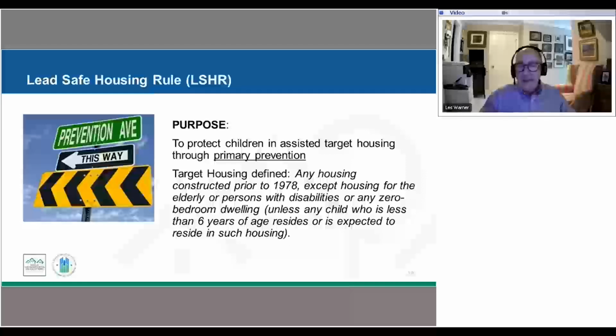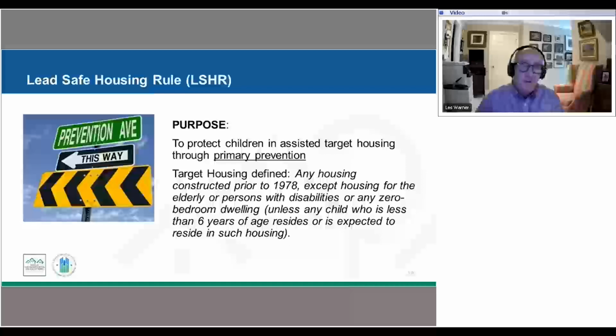But in the case that we actually find it's a zero-bedroom dwelling, but we do have a child that is less than 6 years old that is either residing or expected to reside, and I'll mention what we mean by that in just a moment, then that exemption would go away. We can't assume that a zero-bedroom dwelling is exempt if it turns out that we actually have that child under 6 occupying it.